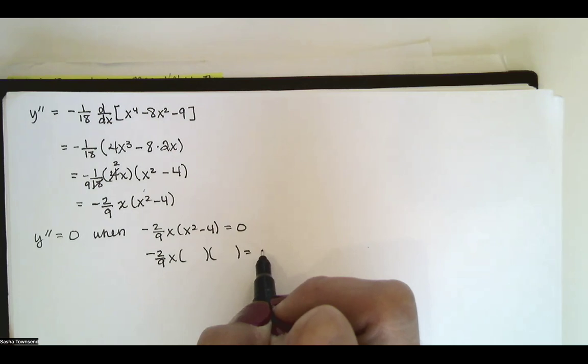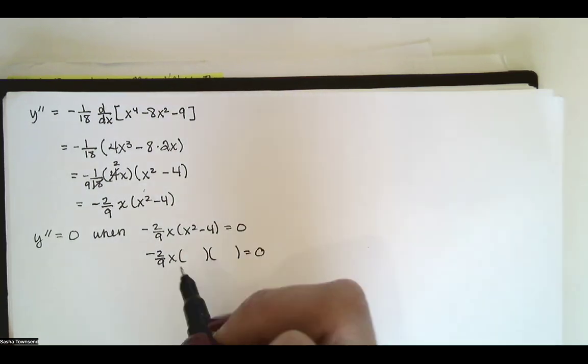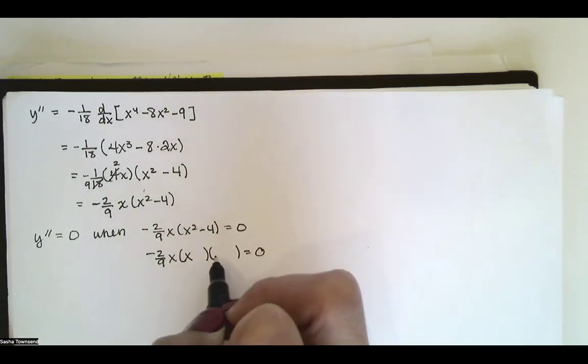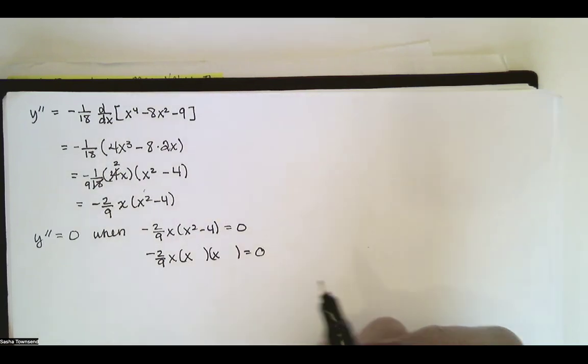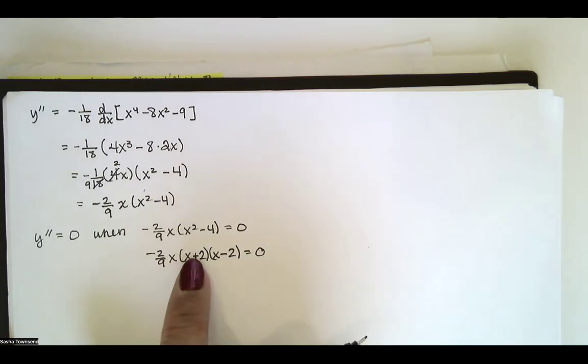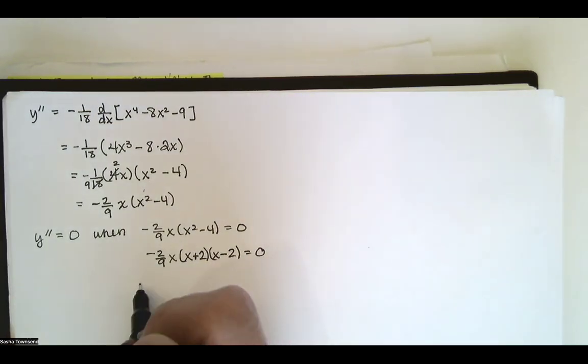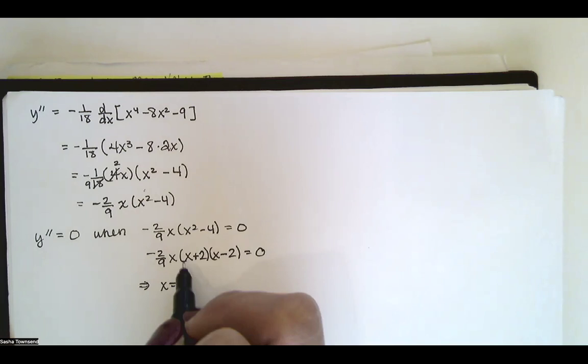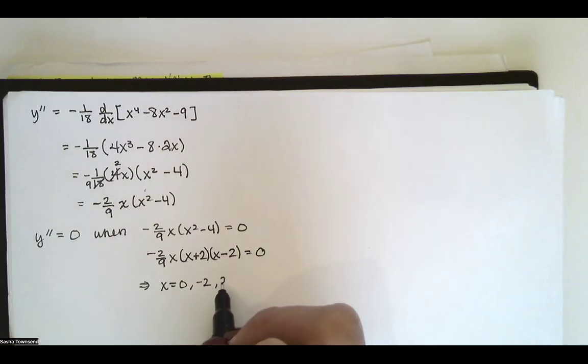The factored form of a squared minus b squared is a plus b times a minus b. A in this case is x. Since b squared is 4, b in this case is 2. So we add 2 and subtract 2. So this times this equals 0. So that means either x equals 0, that's when this is 0, or x equals -2, or x equals +2.